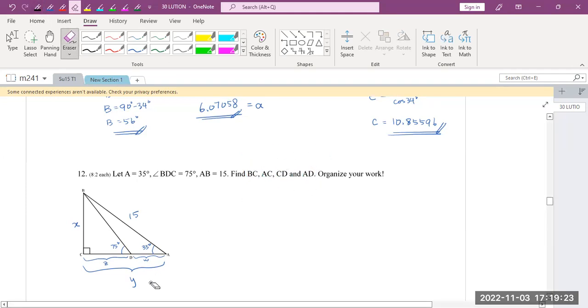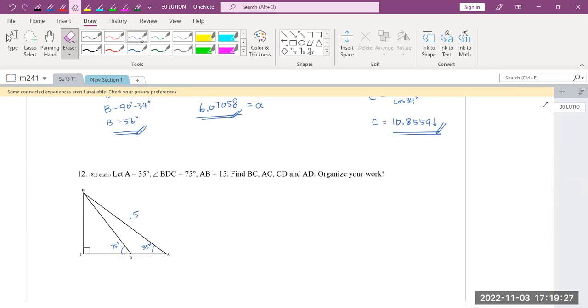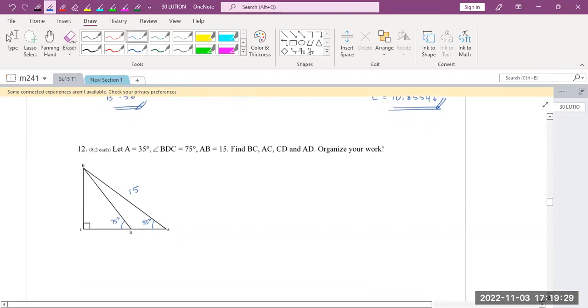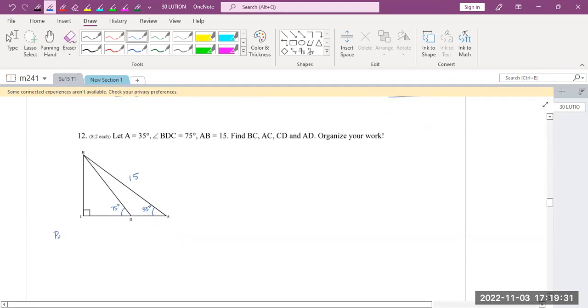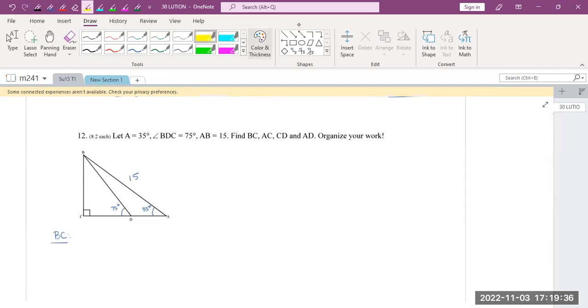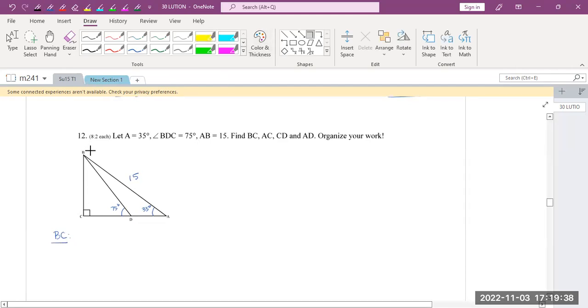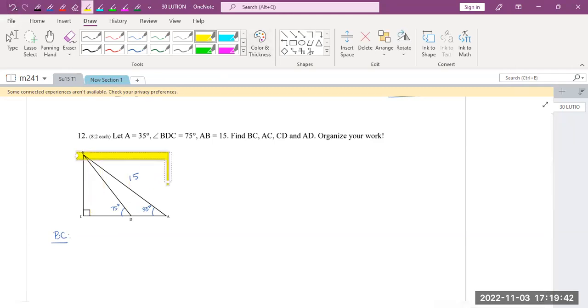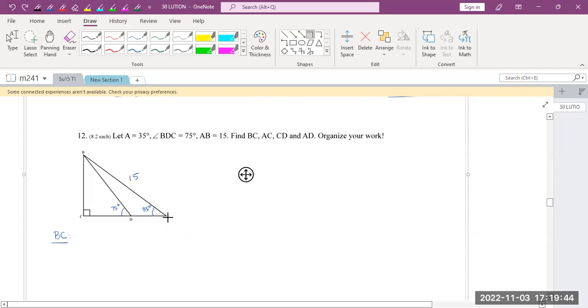Instead of using X, Y, Z, W, I will just call them as is. I will start from side BC. Let's do it here. Hopefully we have enough space. Now take a look at this right triangle here.